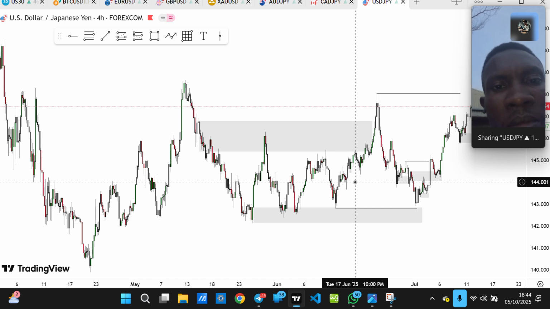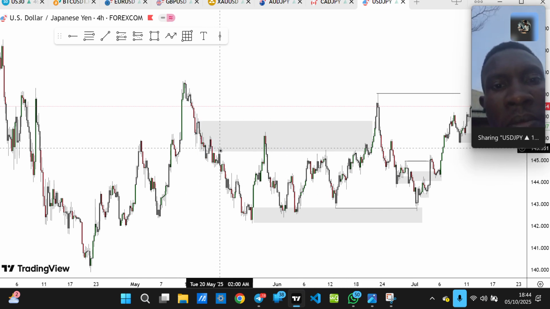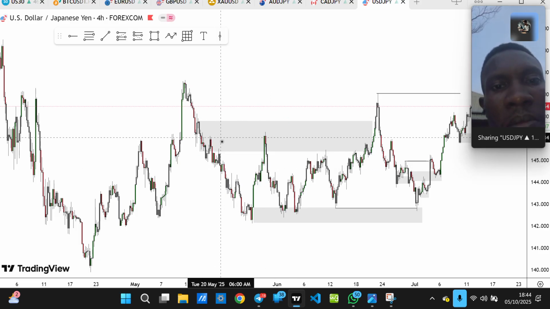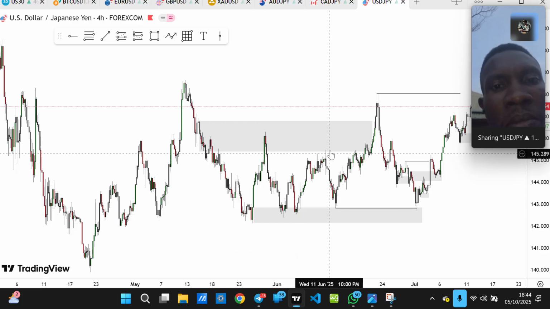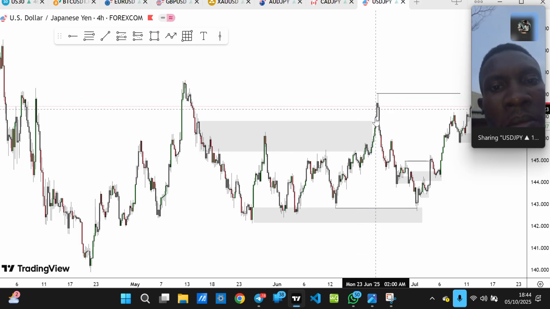We can see that we had a major supply here. Price was reactive from something. Went here the first time, came back down. Went here, came back down. Went here, came back down. Even came here and was reacting. But eventually we were able to break it. So that tells us that buyers have won the battle. So they have been able to take out the supply here.